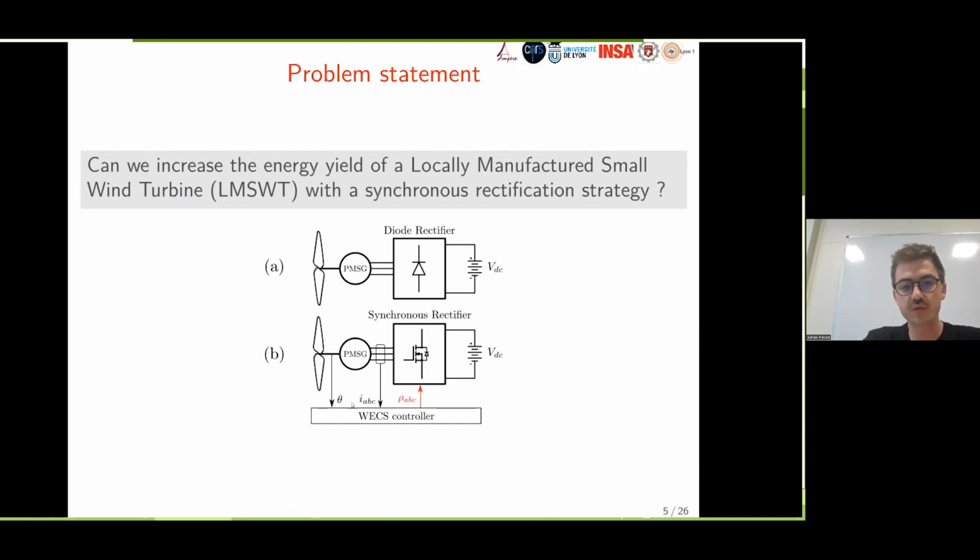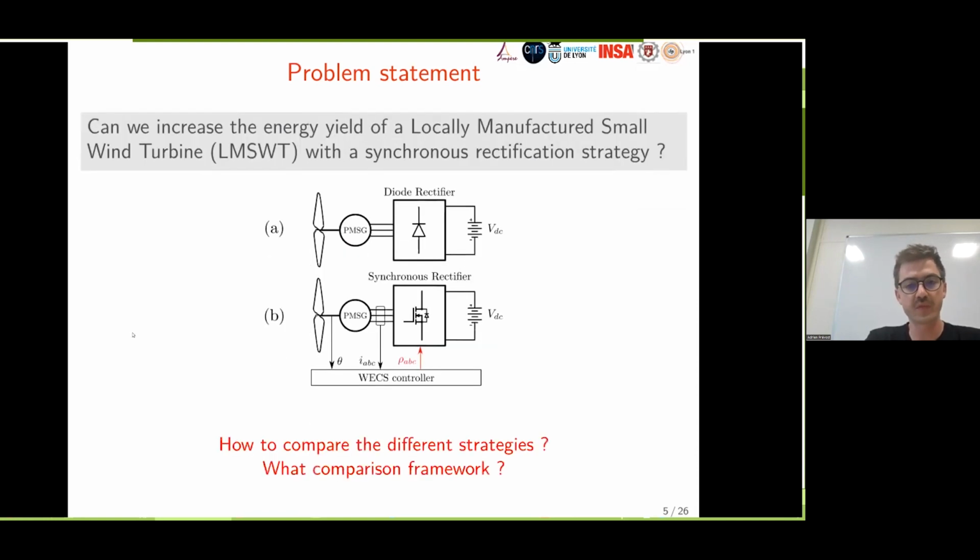In the case of the synchronous rectifier, we need a controller because it is active. So we need some sensors to measure the line currents and also the position. We'll see later that it's possible to do it without the position sensor with an adapted observer.